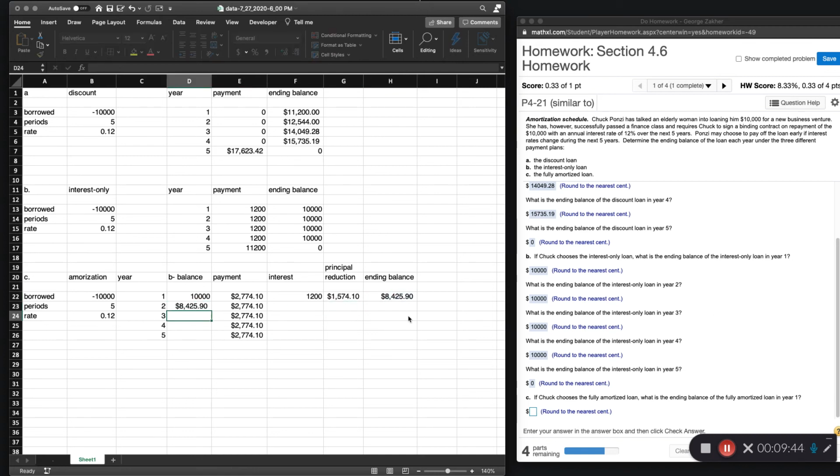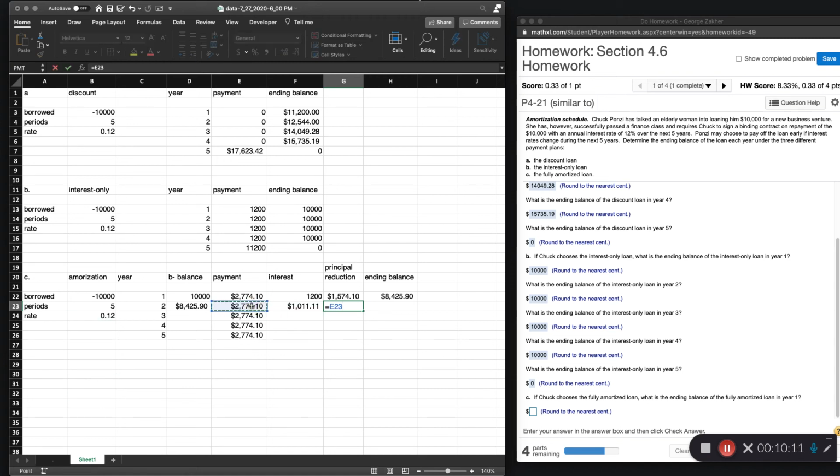As you can see, I'm making these absolute values, and you can see why in a moment. But I just want to take our time and look at some examples. So principal reduction is going to be the payment minus the interest. And finally, our beginning balance subtracted by our principal reduction is what is left.